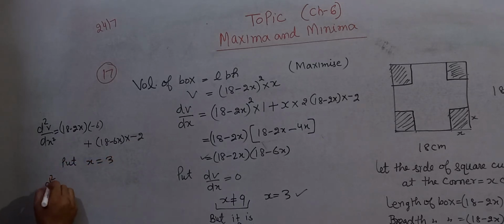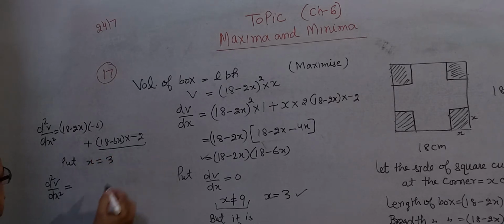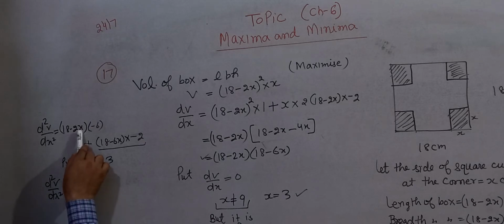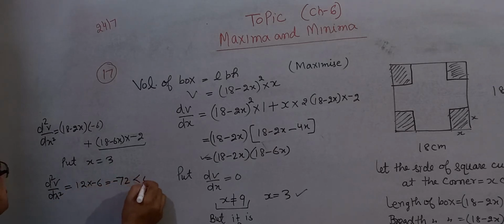When you put 3, 3 sixes are 18, 18 minus 18 is 0, so this complete term becomes 0. Put here 3: 18 minus 6 times 3, that is 12. 12 into minus 6 is minus 72, which is less than 0. You know that second order derivative less than 0 means maximum.